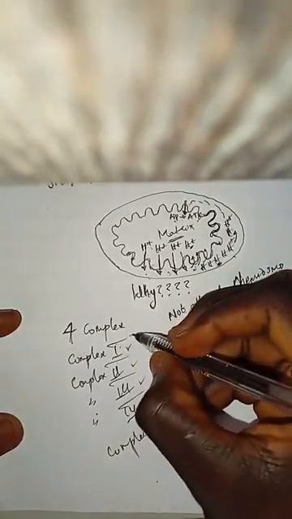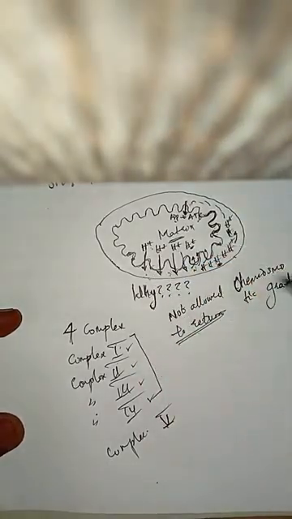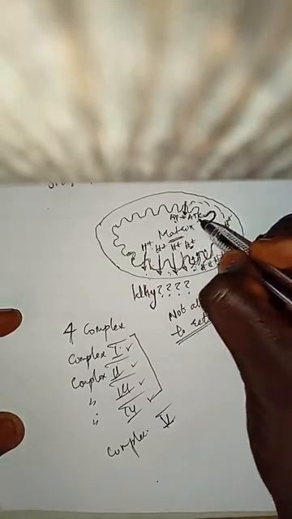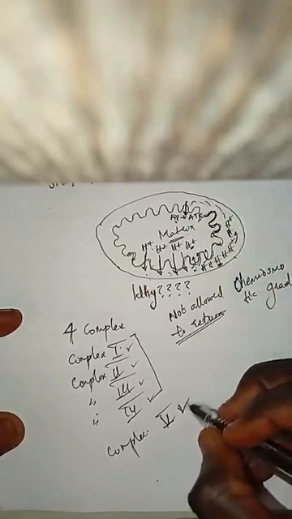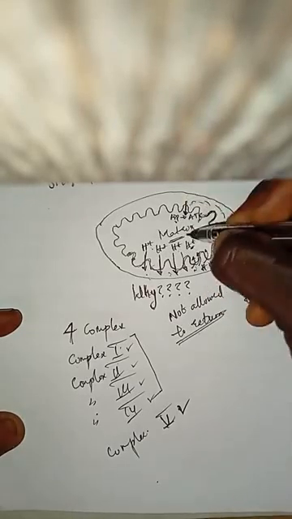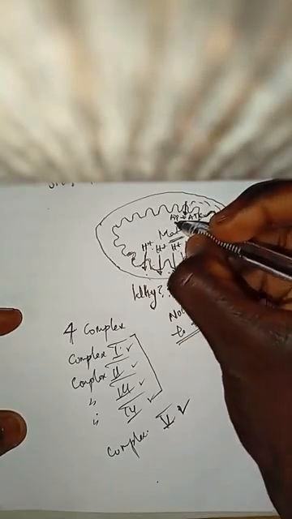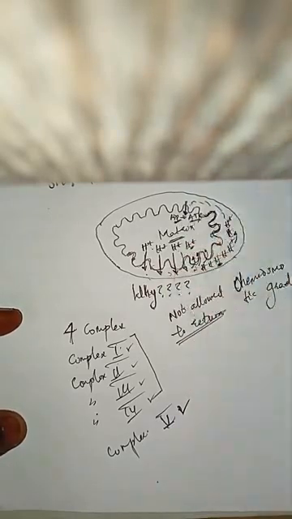Complex 5. I will say that again. Complex 1 to 4 is for the transport. But when you want to phosphorylate ADP to ATP, you will use complex 5. So complex 5 is that pore through which the protons will enter back into the matrix. The gradient of that movement will be used to convert ADP to ATP. I hope that is clear.